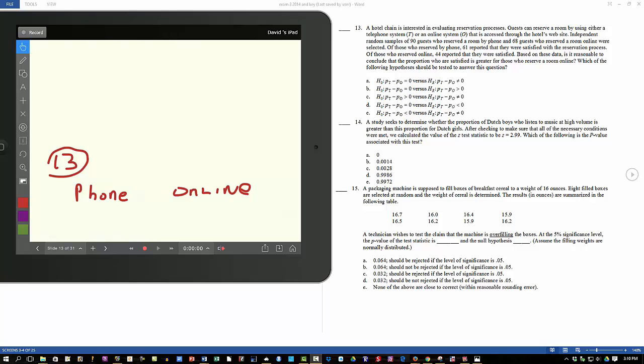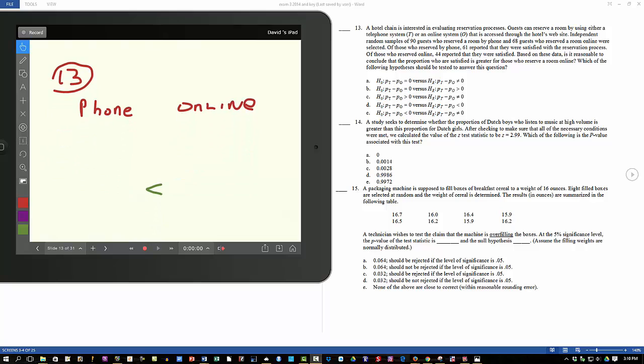So first of all, we want the hypotheses. We go over and look at A through E. We can eliminate E and C straight away because the null hypothesis has an inequality in it. And you have to be a little careful on this next part because all of our hypotheses are phone first, then online. And we want to know if online is greater. So if online is greater, phone is less.